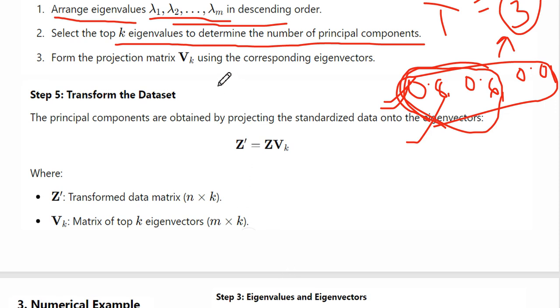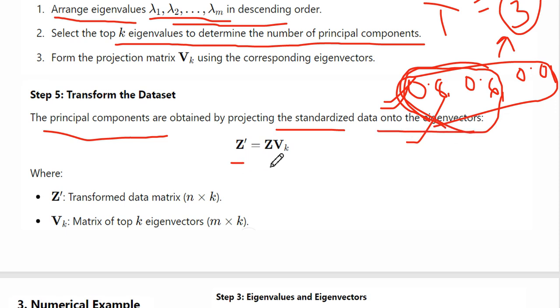Once you find the eigenvalues and eigenvectors, then we have to transform the data. The principal components are obtained by projecting the standardized data onto the eigenvectors.